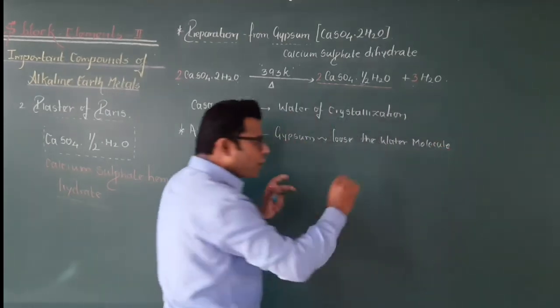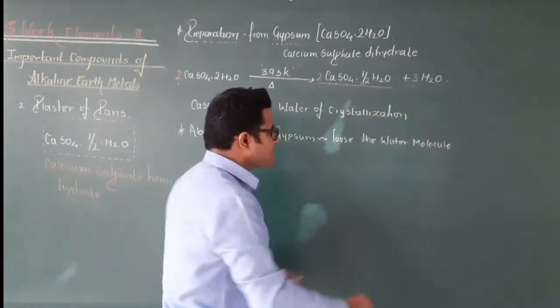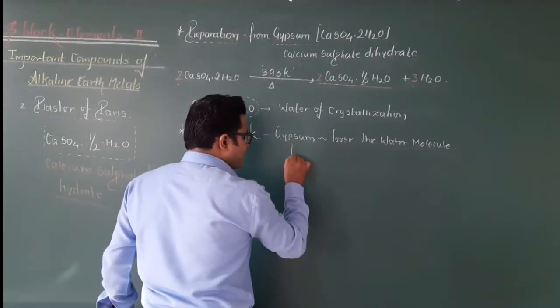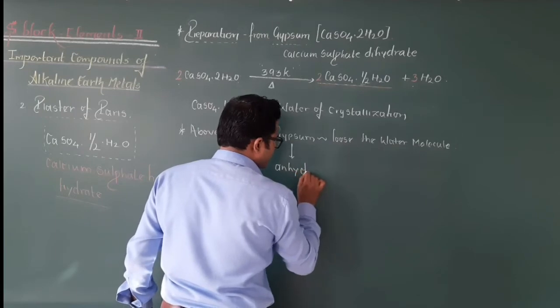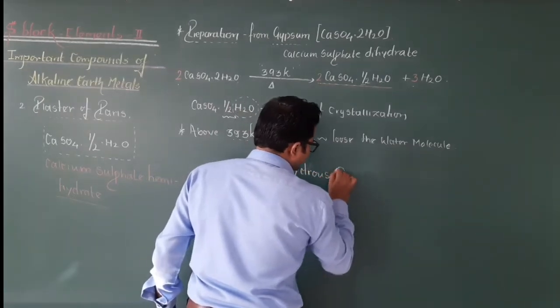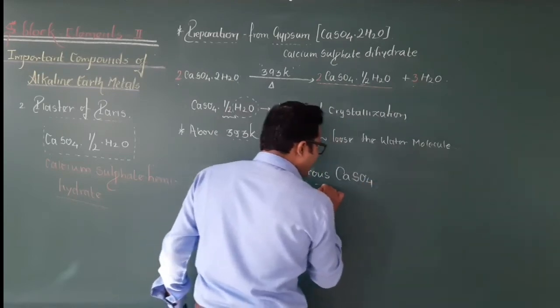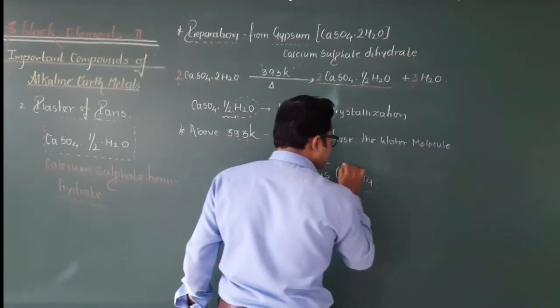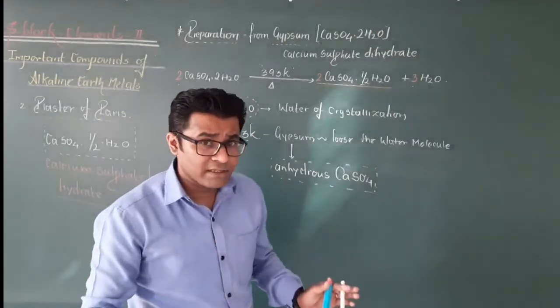So as it loses all the water molecules, there is no water of crystallization left. As a result of which, this will give us an anhydrous calcium sulfate.